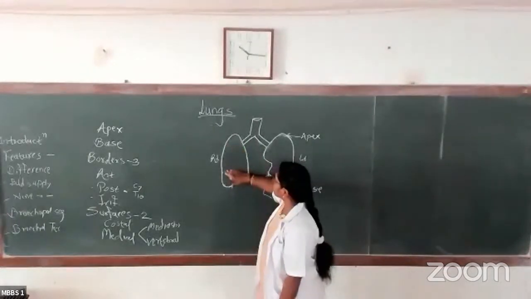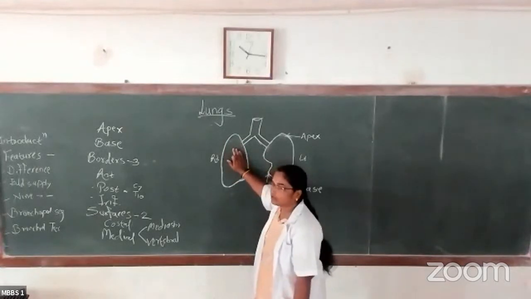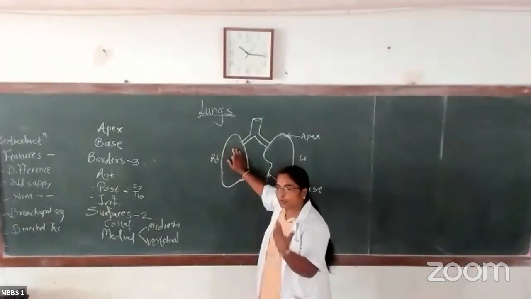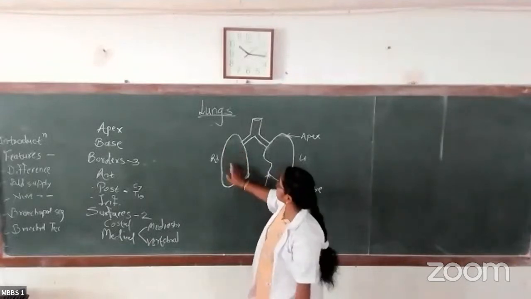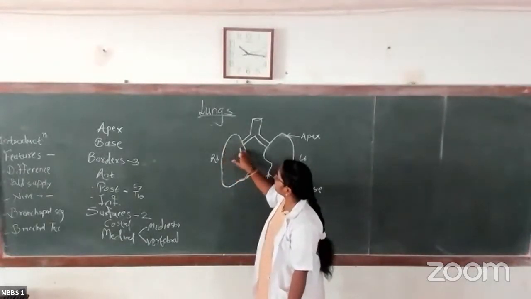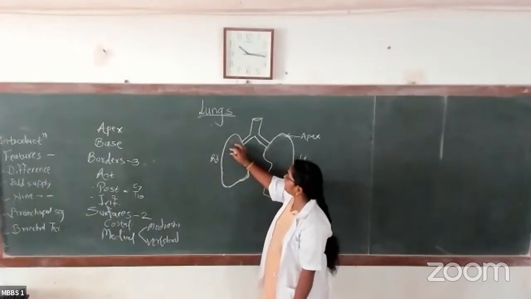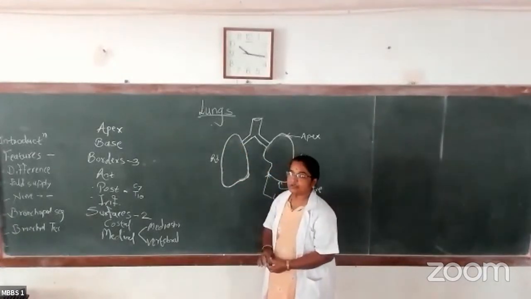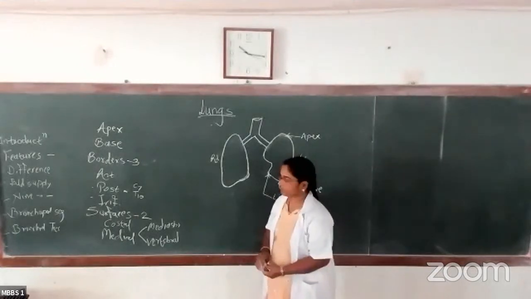So this costal surface is in contact with the costal pleura and the overlying thoracic wall.